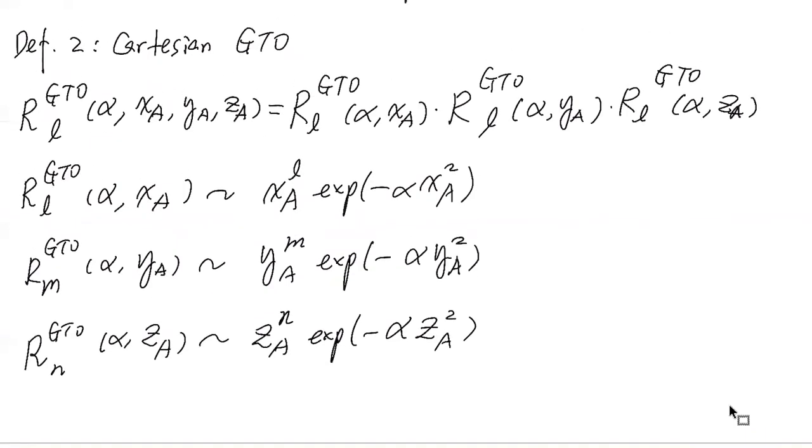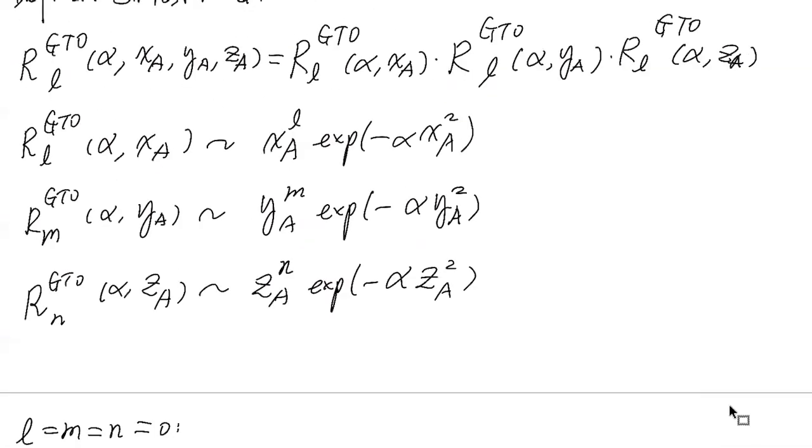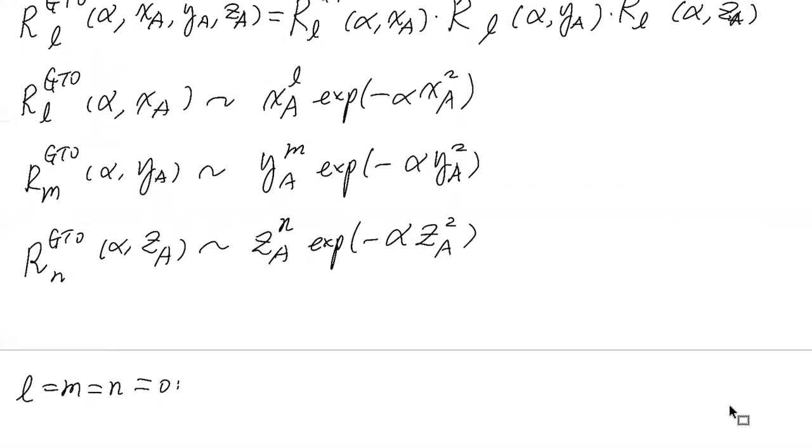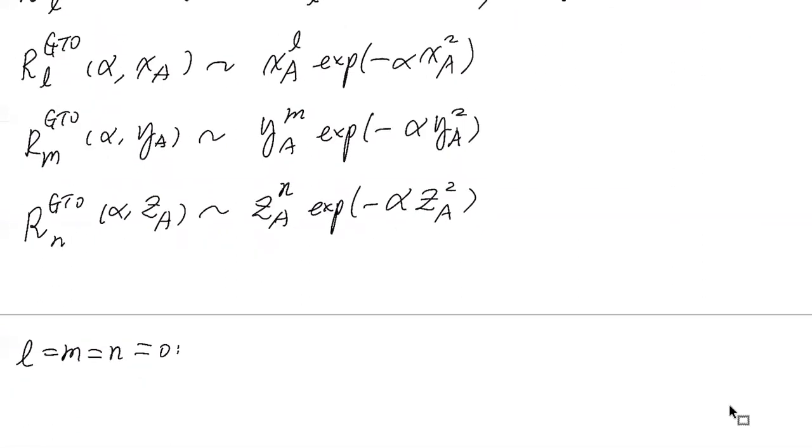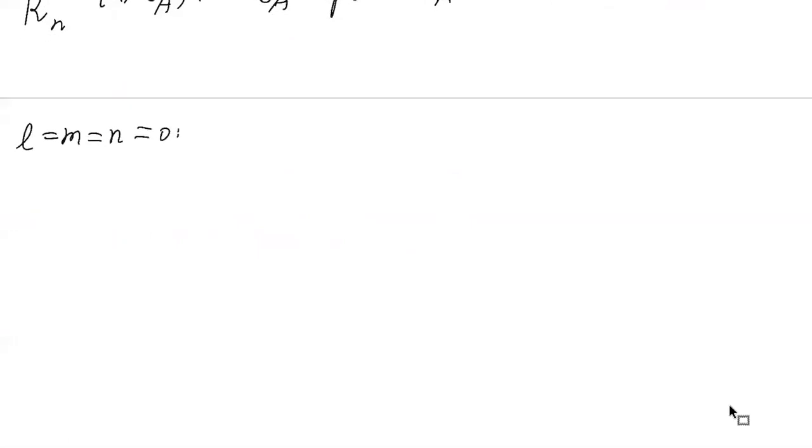So let's examine these functions. Let's consider, say, L is equal to M is equal to N is equal to 0. If L is equal to M is equal to 0, this is conventionally called the 1s type GTO. This is just a name.